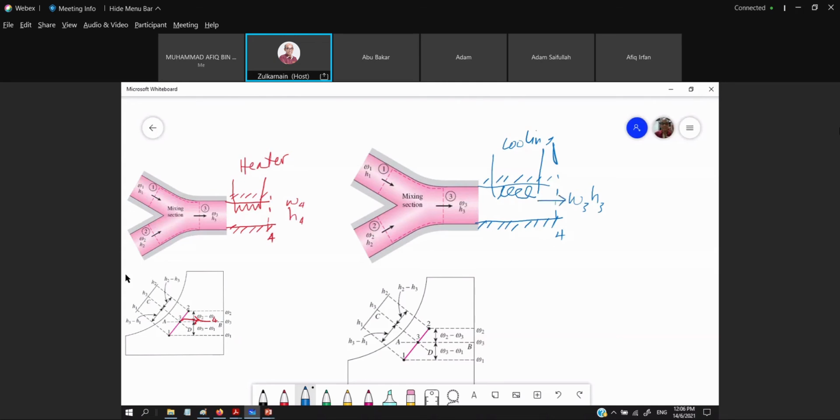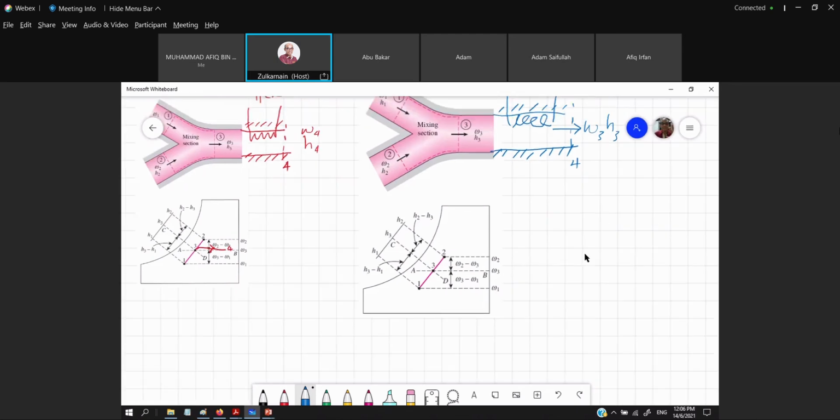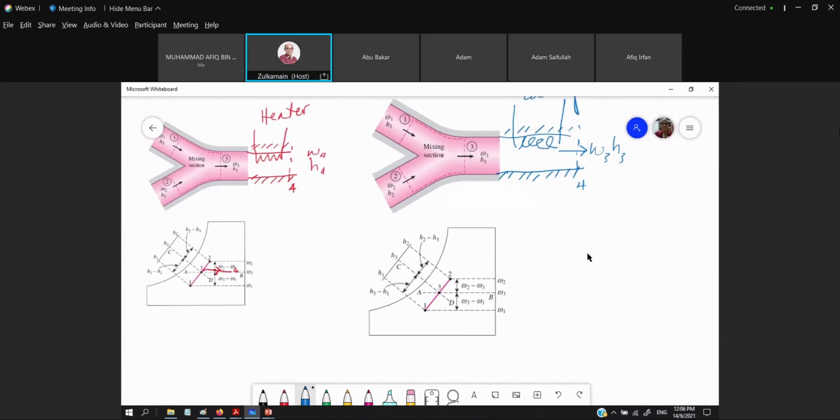And if we incorporate this process in our psychrometric chart, let's say this is saturated, meaning that we are going to have a line horizontally to the left.